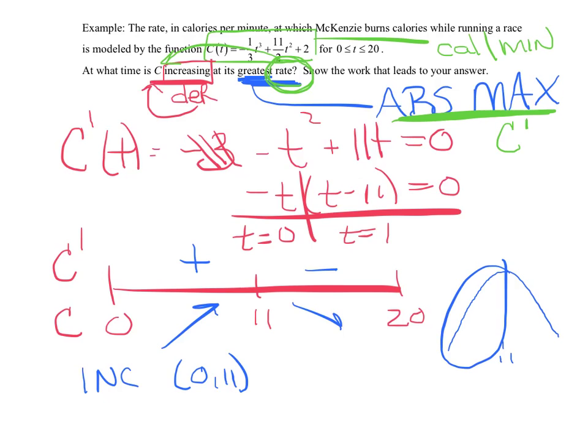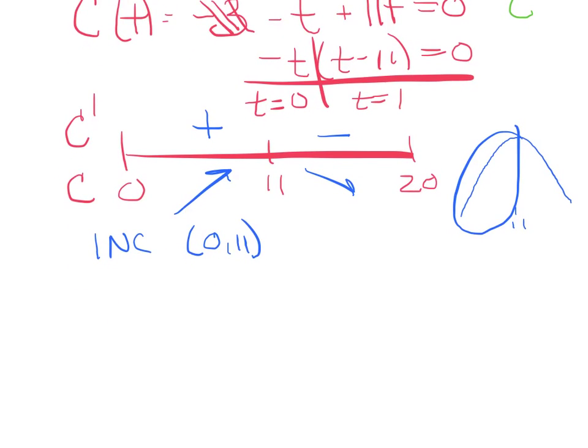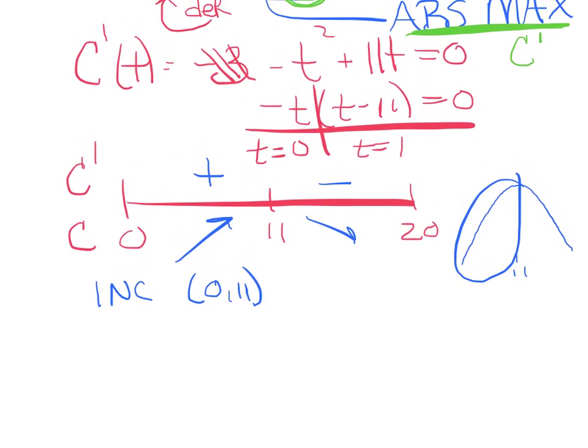That means I need to take the derivative of C prime to figure out where this max is happening. So if I talk too fast for you, maybe slow it, rewind it, and make sure you really understand why we're taking the derivative of C prime. So C double prime of t equals negative 2t plus 11. Set that equal to 0.